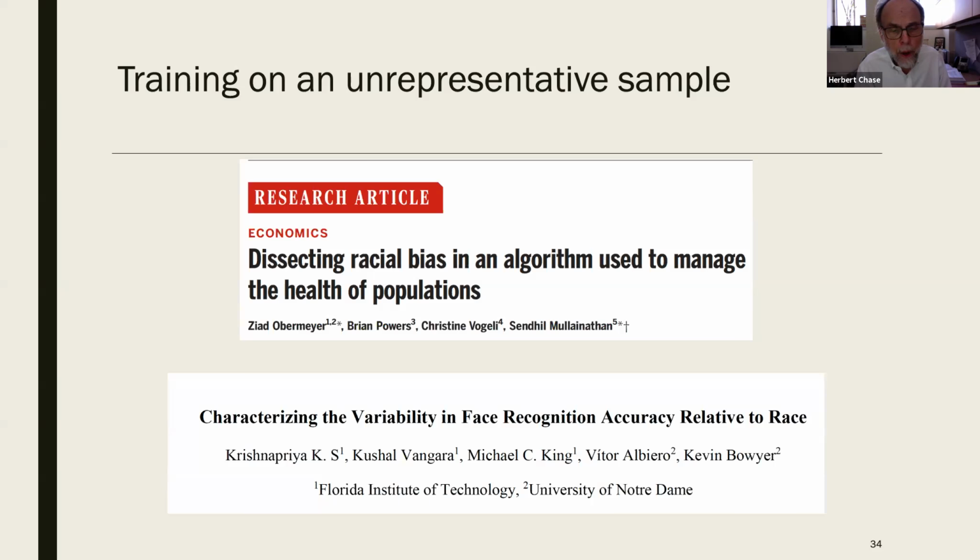This algorithm was really good at identifying white men, not surprisingly, because it was trained on white men, but it was poor at identifying people of color, and poor at identifying women and Asians. So again, you're training on an unrepresentative sample, it's out there, and there needs to be some kind of watchdog group.